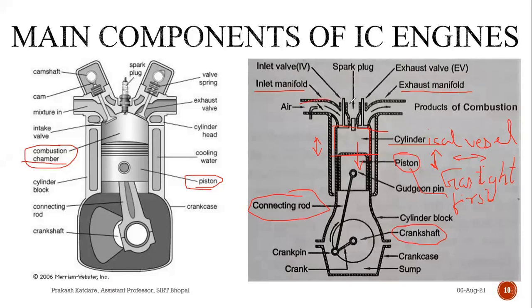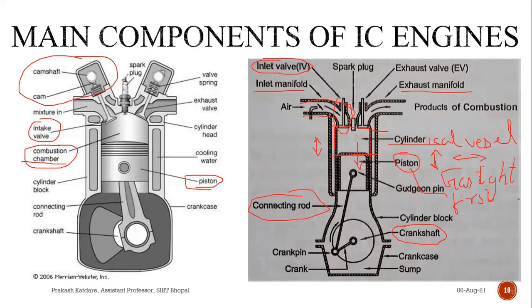This pipe is known as intake manifold, and it is connecting our inlet valve with the intake system. If you see the inlet valve in this image, here it is, and above it, this is the mechanism which is operating this valve.